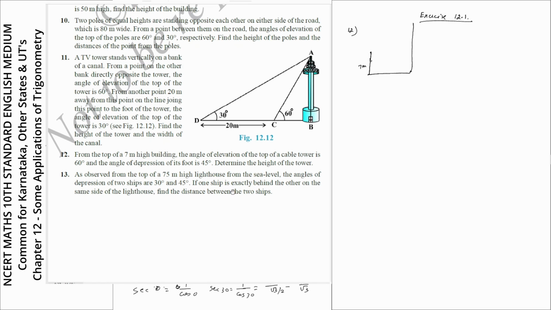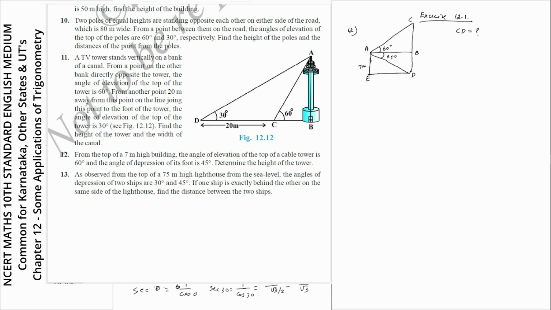From the top of the building, if I see the top of the tower, the angle of elevation is 60 degree, and if I see the foot of the tower, the angle of depression is 45 degree. Okay, I'll mark this as A, this as B, and this as C, and this as D, this as E. Now I should find the height of the tower, that is what is CD I should find.